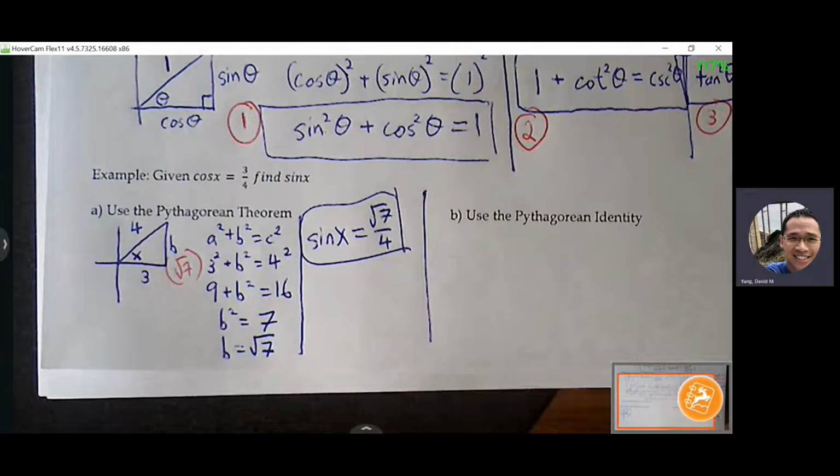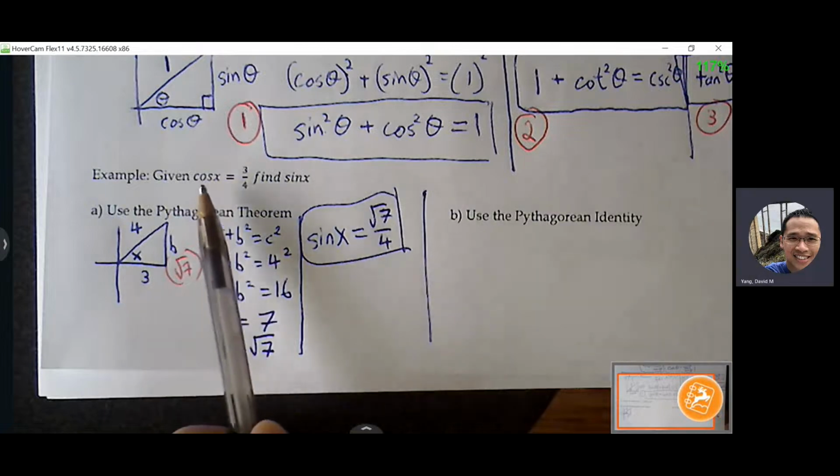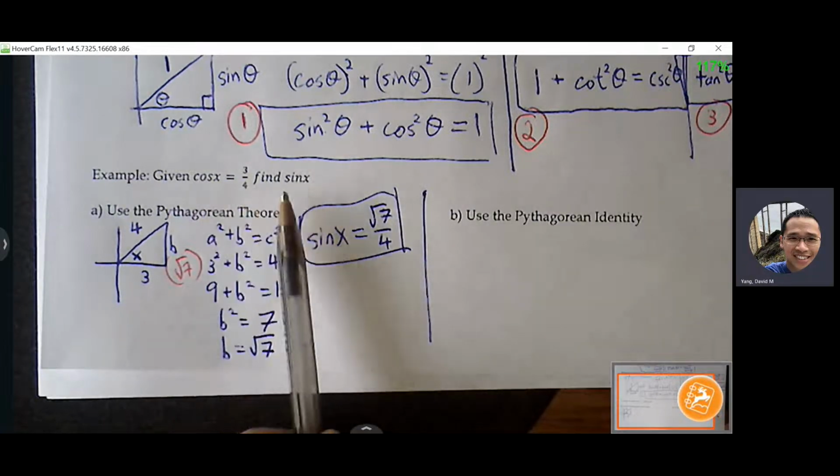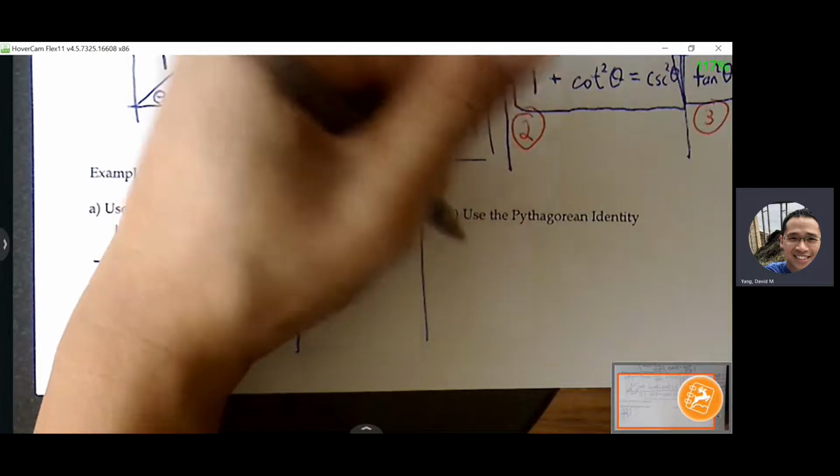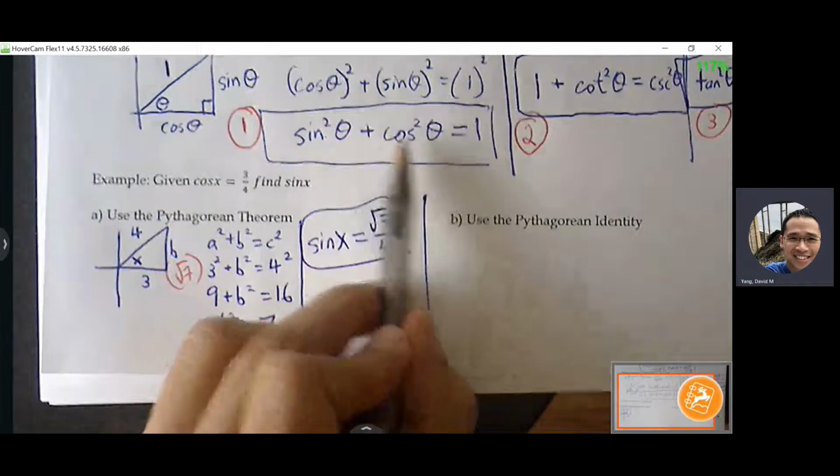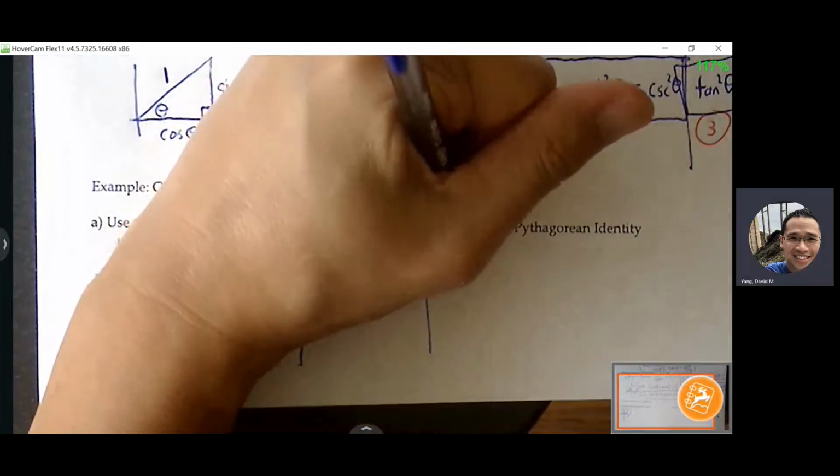Okay, we can also arrive at the same solution using the Pythagorean identity. So again, we're starting off with cosine of x equals 3/4. We're trying to find sine of x. Well, we have a Pythagorean identity right above us here, so I'm going to write that down here.